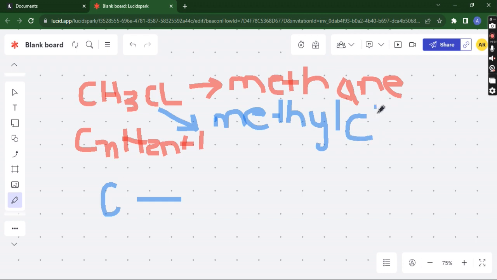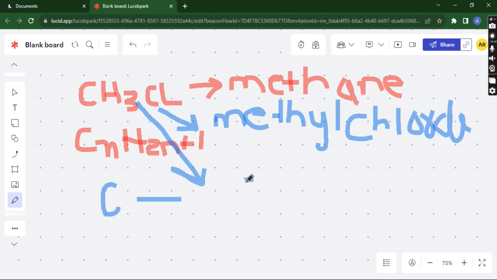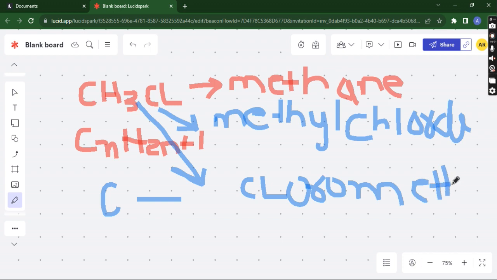But if we talk about the other system, which is IUPAC nomenclature, International Union of Pure and Applied Chemistry, it is known as haloalkanes, which means chloromethane. So this is basically one of the examples of alkyl halides, or halides combined with carbon. Here the halides act as a functional group responsible for deciding the chemical properties of a compound, combined with a carbon chain, right?